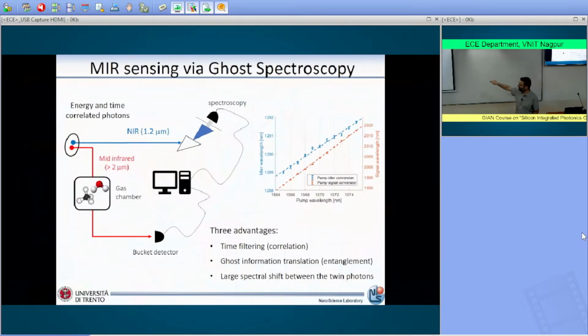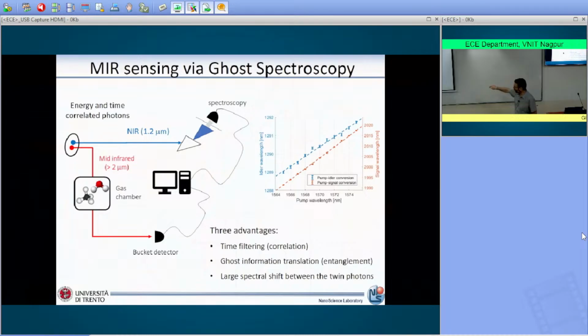Therefore, when a photon of a given energy is transmitted, you know that the counterpart photon is also transmitted on this other side. So if you do the spectroscopy of the photon on this side, you know the energy of the photon that has been transmitted on the other side.